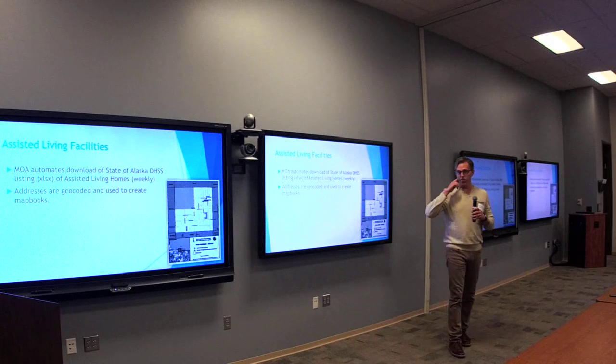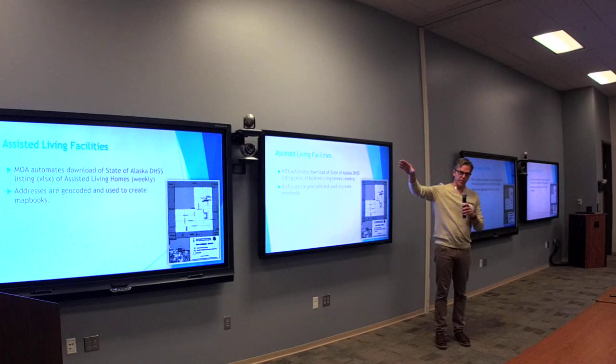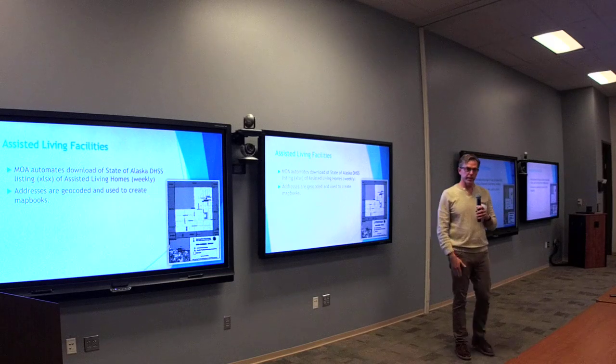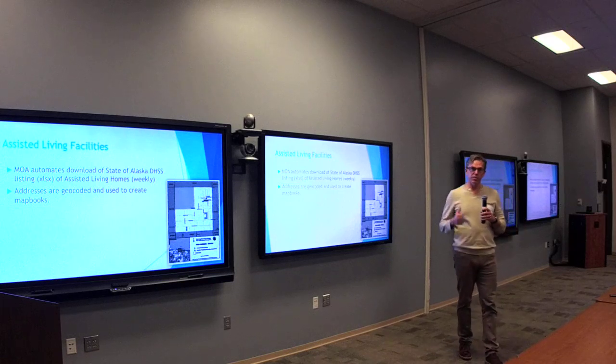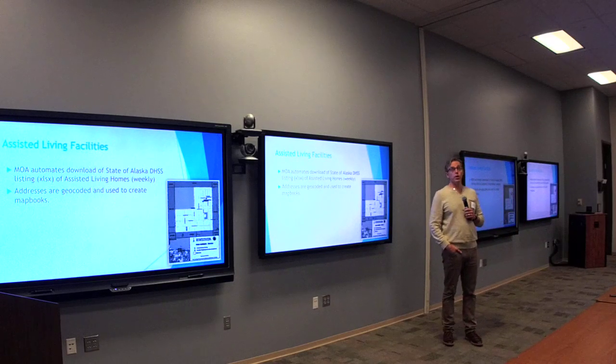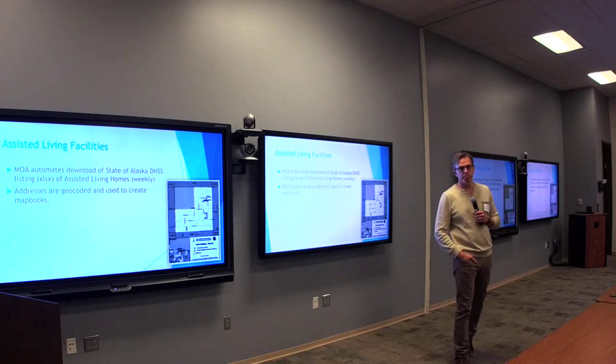The process that occurs every week is going to the State of Alaska website, downloading the Excel spreadsheet, parsing out the addresses, and then updating a data layer of the assisted living homes. So you're parsing out the delta change? Actually, we're just rebuilding it every time. Rebuilding it every time. Okay.